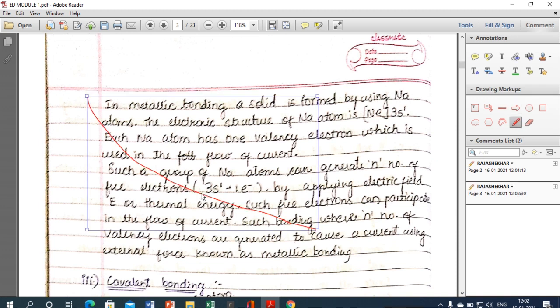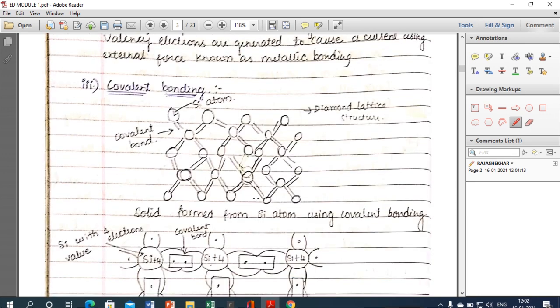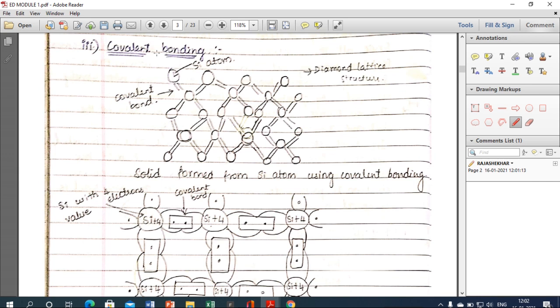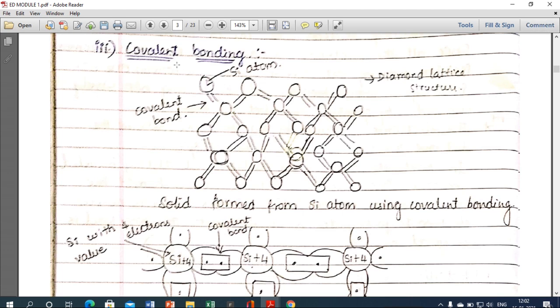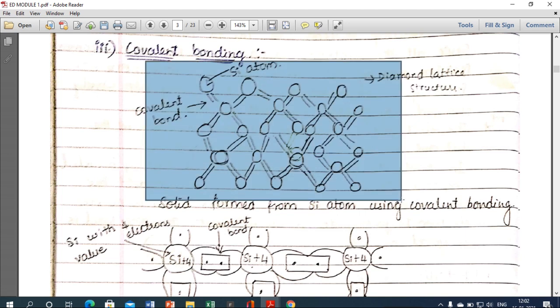Now, based on this, we went through the next bonding, that is covalent bonding. So when it comes to covalent bonding, wait a second. This part belongs to covalent bonding.